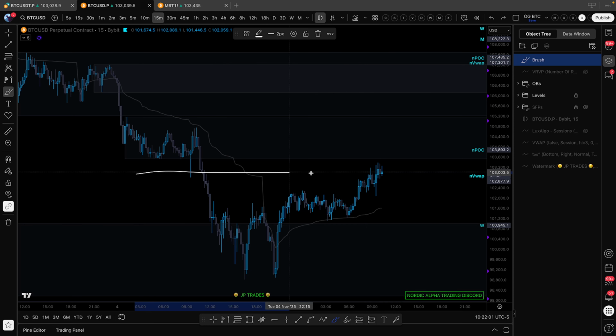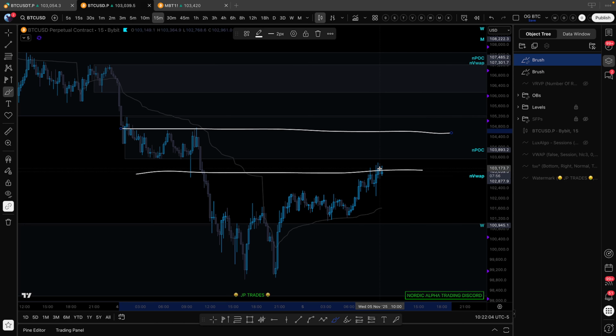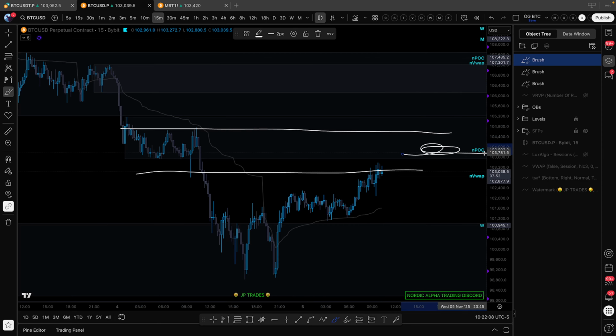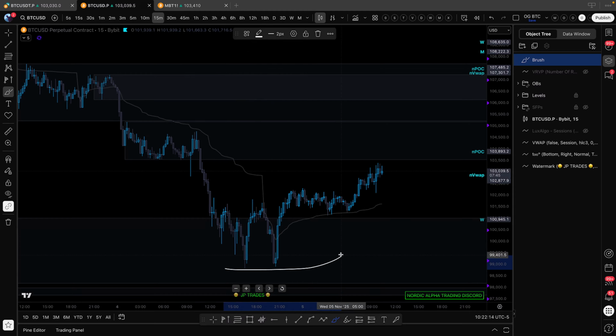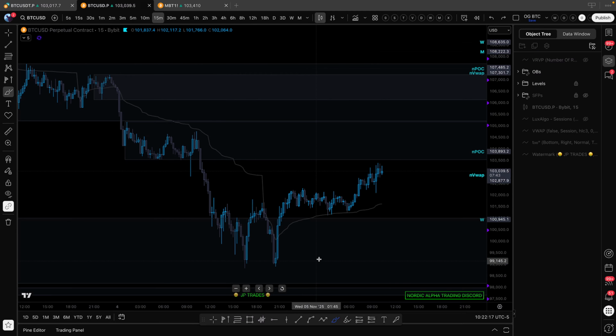But now we are coming into this previous range here. And to be honest with you, I would expect it to at least get to this point of control before another leg down. And again, I wouldn't mind coming and clearing this out one more time.